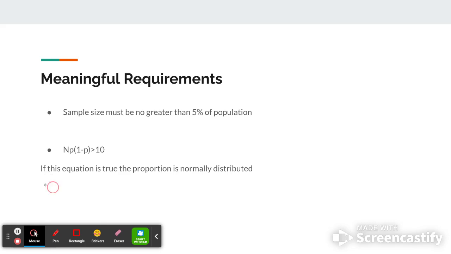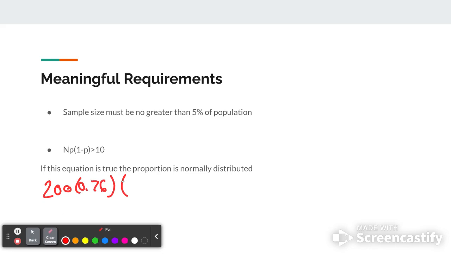We're going to do 200, the sample size, times 0.76 times 1 minus 0.76, or 0.24, and that has to be greater than 10. I've already done this in my head, and it was around 32, which means that is greater than 10, and we are in a normal distribution.